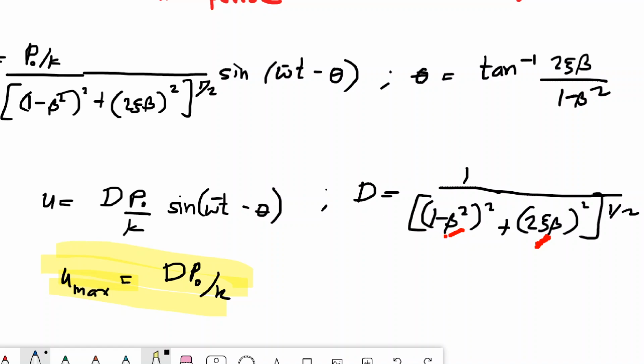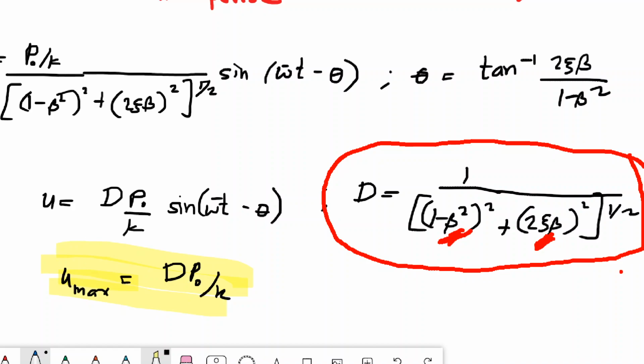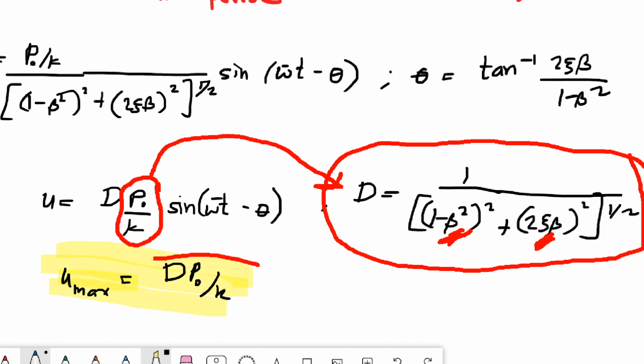So if you know the frequency ratio of your loading and the damping ratio of your structure, you will get the dynamic amplification factor. And if you know the static deflection, just multiply that with this, you will get the maximum response. Okay?